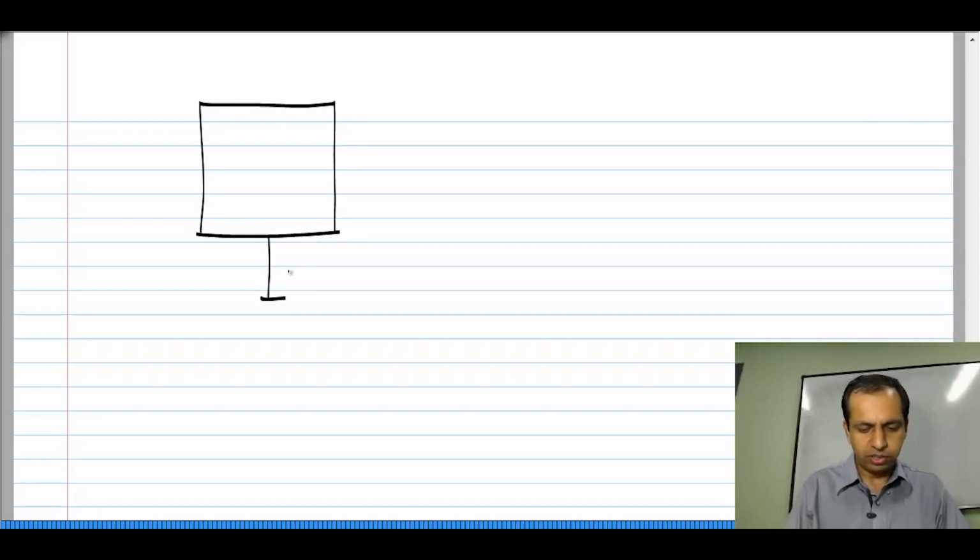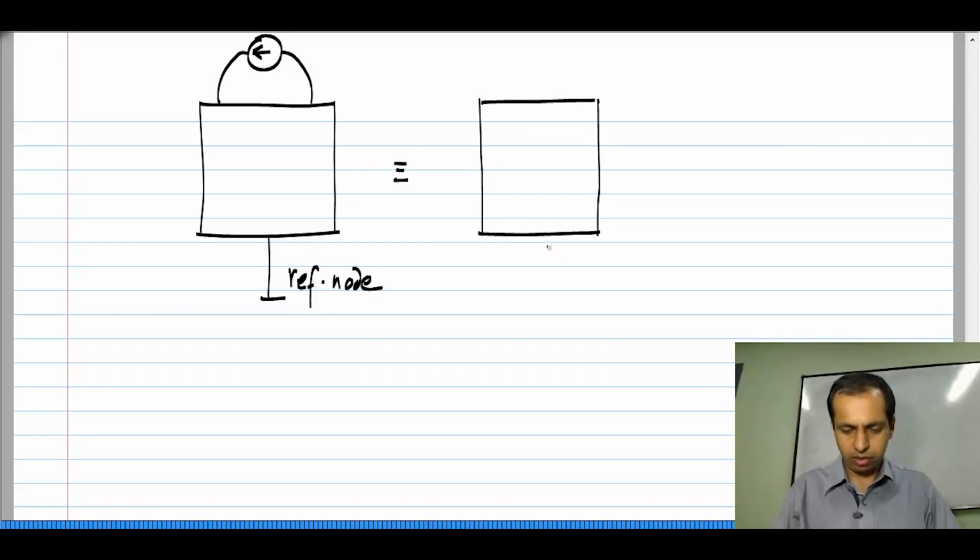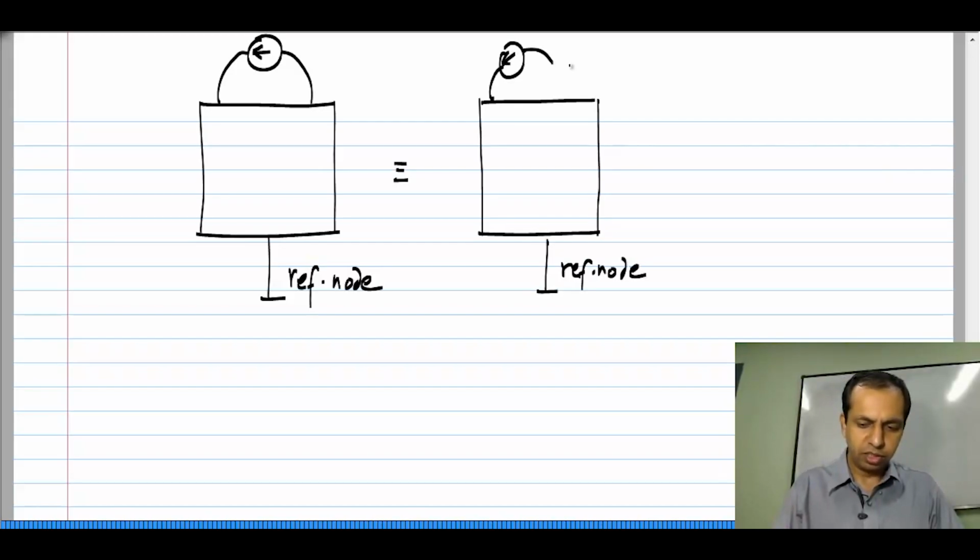Now, what is the use of this? So, let us say we have a circuit and there is some node we think of as the reference node. Now, I have a current source like this, and I will split it into two sources in series.